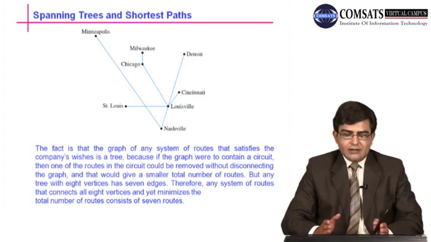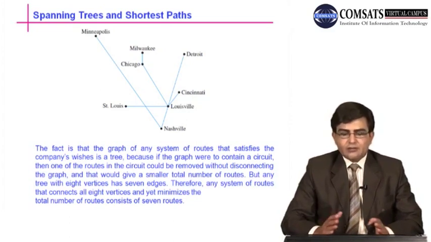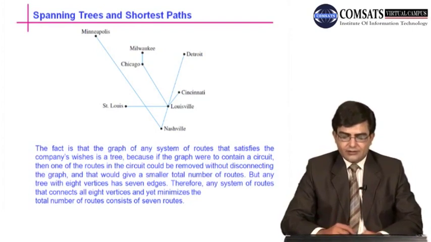So here if we have 8 cities, then the routes which connect all these cities form basically a tree which has 7 edges or 7 routes.